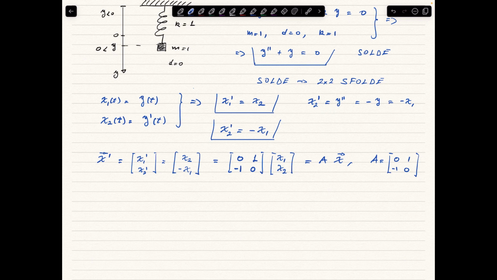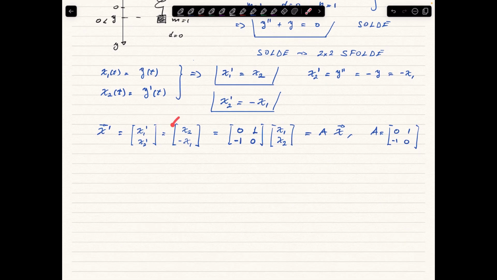Anyway, what is the vector field here? Our vector field for the mass spring system at the point x1, x2 is going to be A x, but you see A is 0, 1, negative 1, 0. And then we get the vector x2, negative x1.